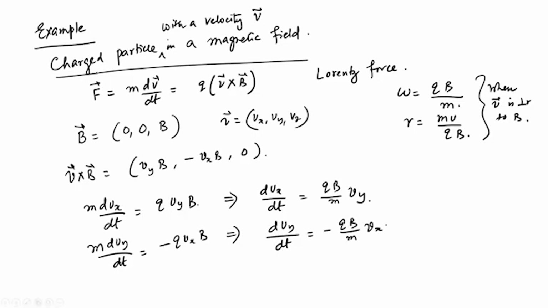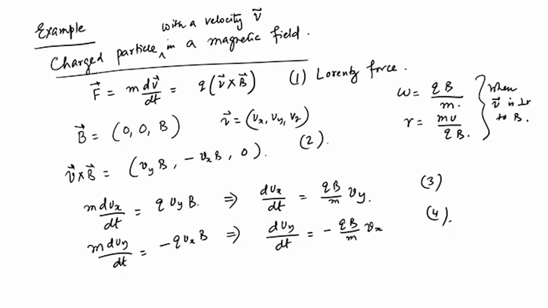You see, this is a coupled equation in which the variation of Vx, which is acceleration in the x direction, involves velocity in the y direction, whereas acceleration in the y direction involves velocity in the x direction. So, let me just number these equations, and we have this as 2 and maybe 3 and 4.